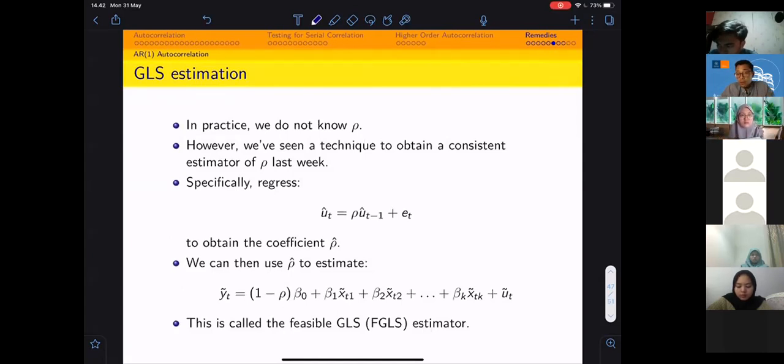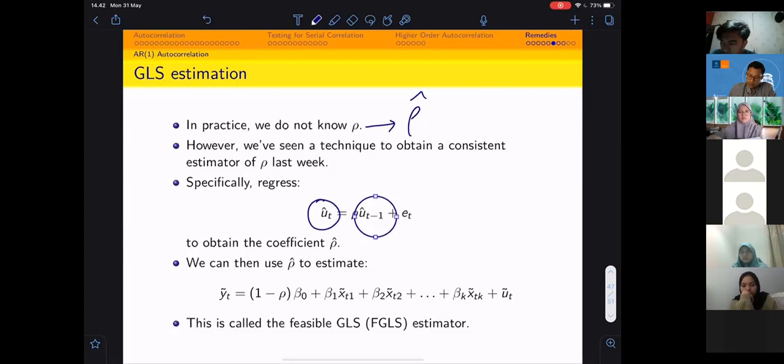Well, if we don't have ρ in the population, you can always use the sample analog, which is ρ hat. So where do you get the ρ hat? Well, you get the ρ hat from the regression of the residual on the lag of the residual. So from this regression, you'll get the ρ hat, and then you can use it in this particular example.